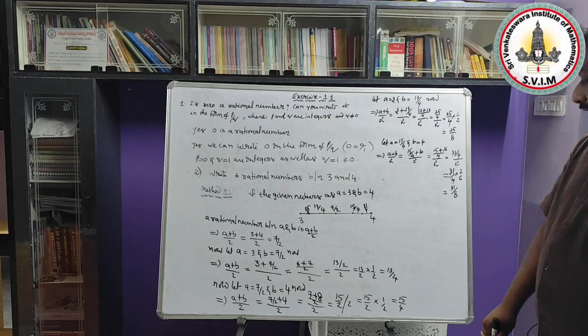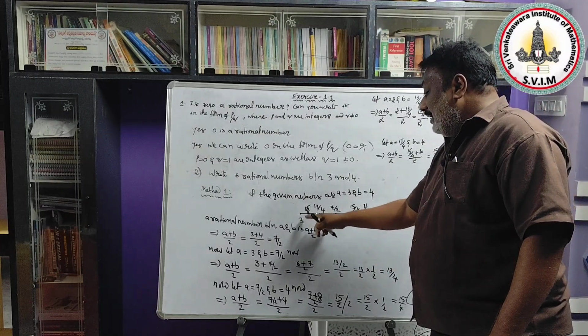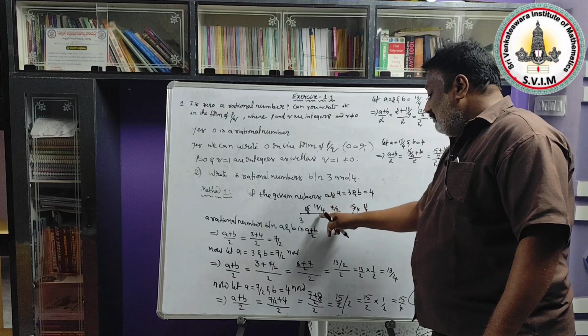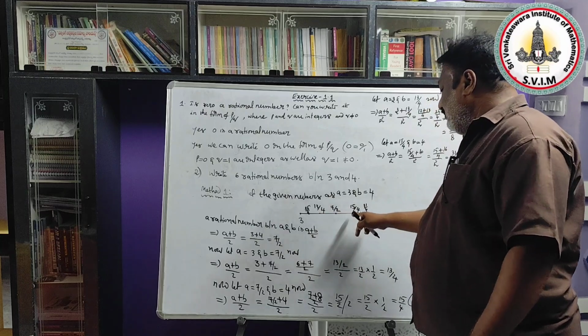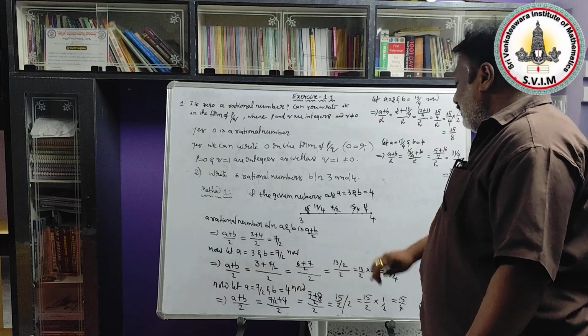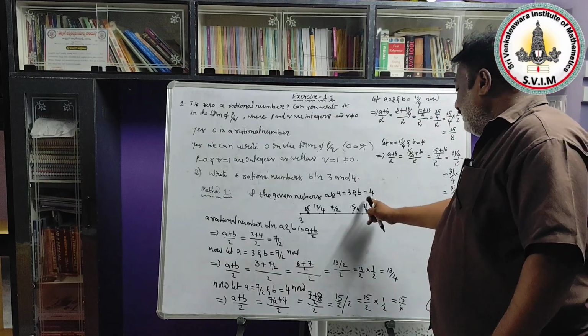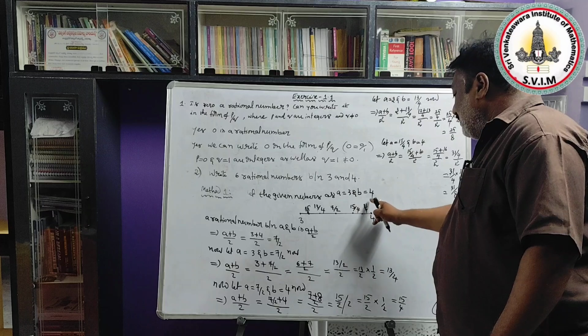Okay, here one more rational number you need to find between either these two numbers or these two numbers or any of these pairs also. So here I am finding a rational number between these two numbers.